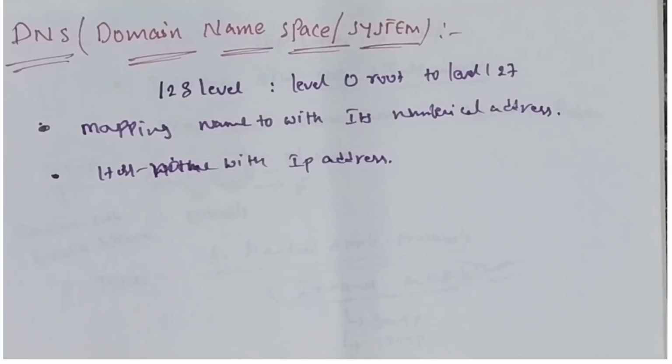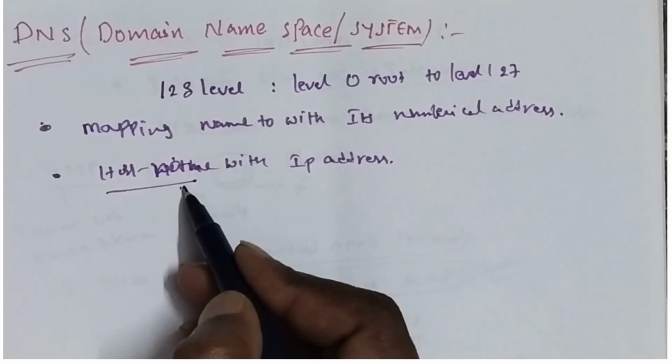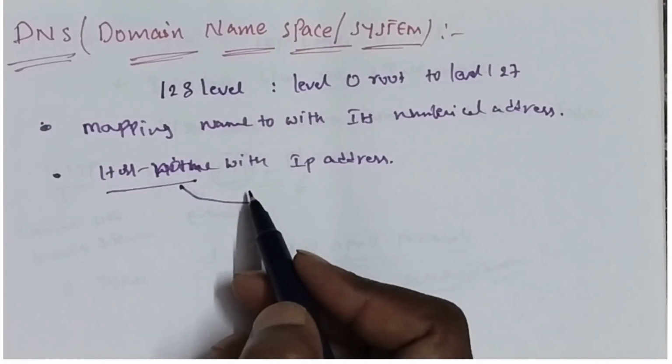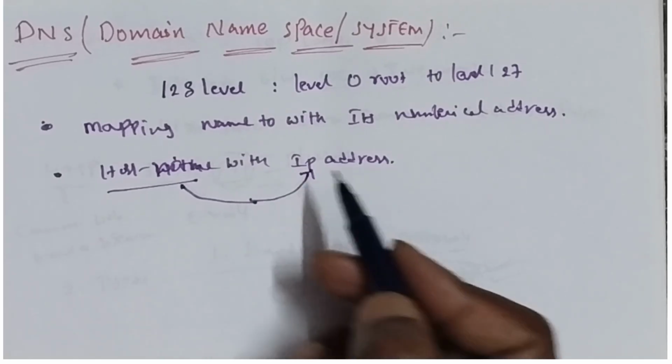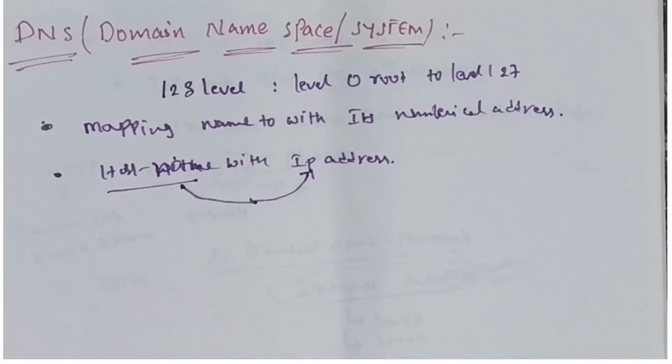But remembering IP addresses is difficult for everyone, so we simply give the website keywords or website name. That is called the host name. The host name will be taken by the DNS, and DNS will convert that host name into an IP address. DNS is required for the functioning of the internet.